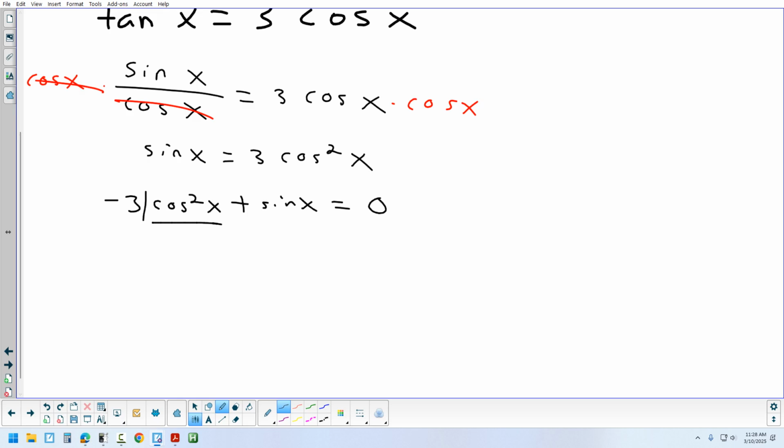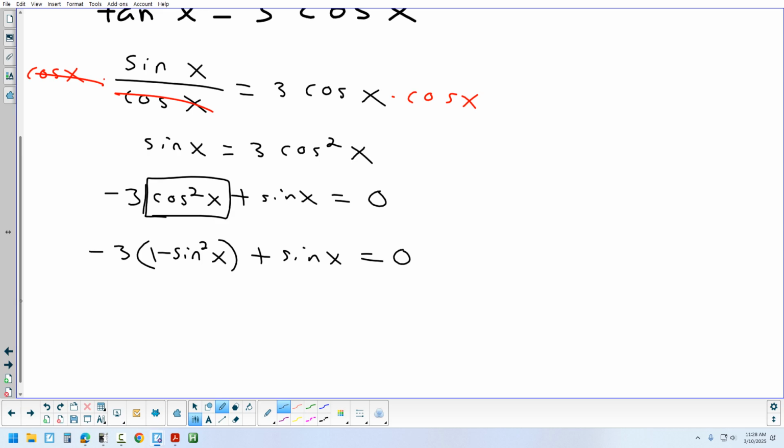Now, substitute. What is cosine squared? 1 minus sine squared. Yep, 1 minus sine squared. And what do we have to do with that -3? Yep, so let's do two things at once.